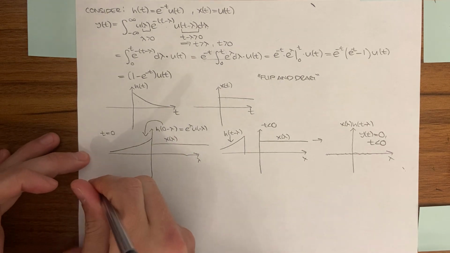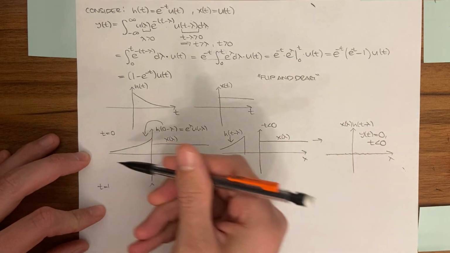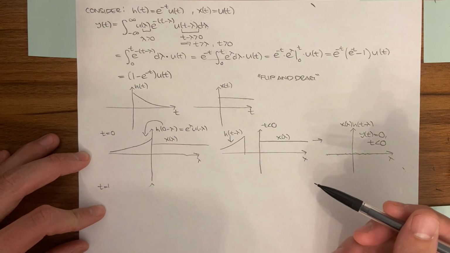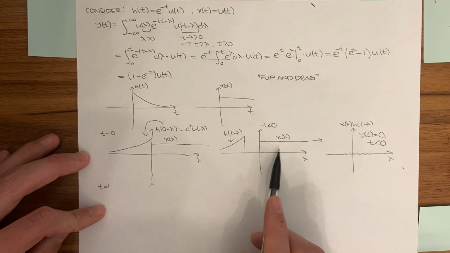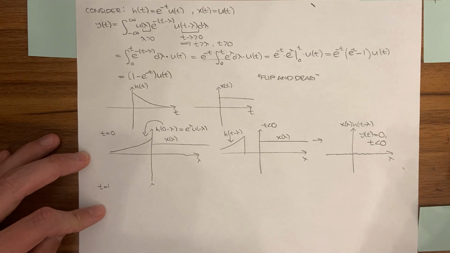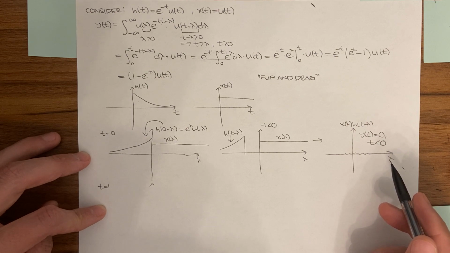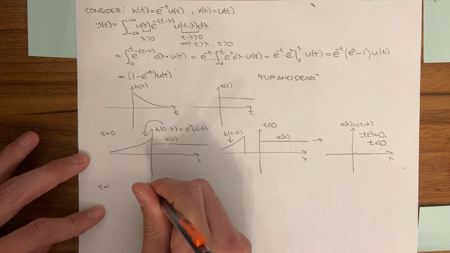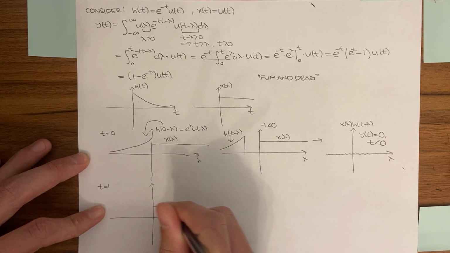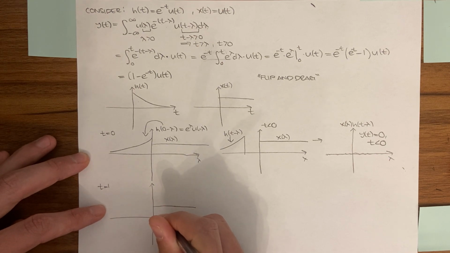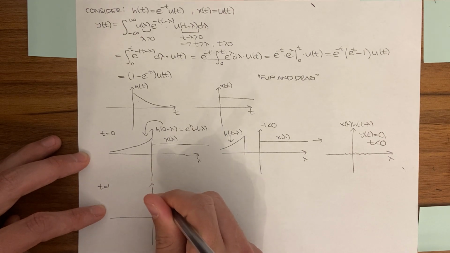Cool. Now we can start to drag it to the right. We started dragging h of t minus lambda to the left, and there's no overlap between the two parts, so you end up with 0. Now suppose we drag it to t equals 1.